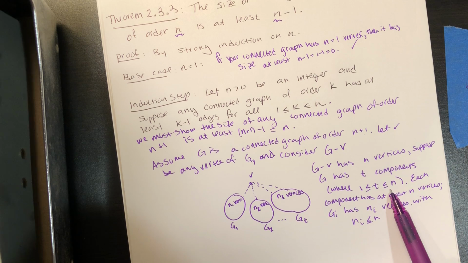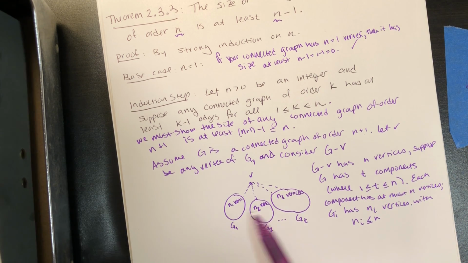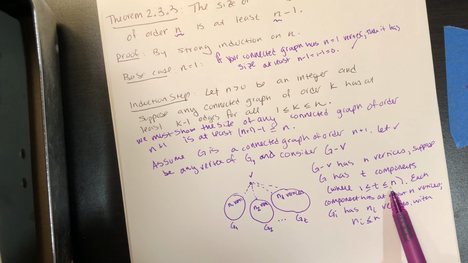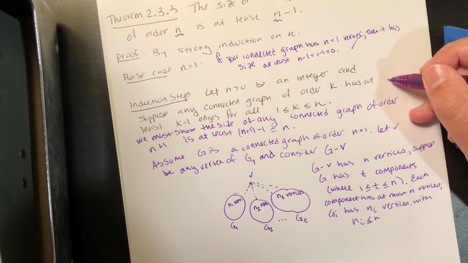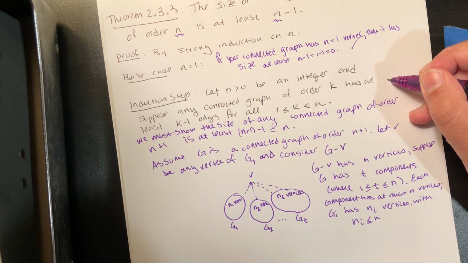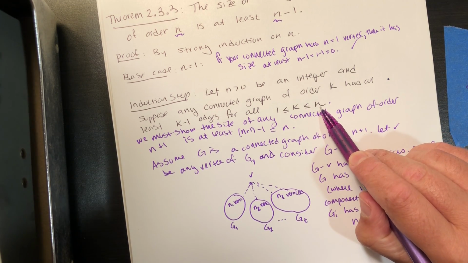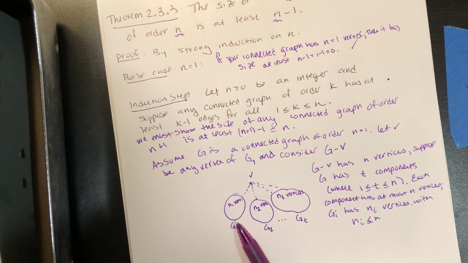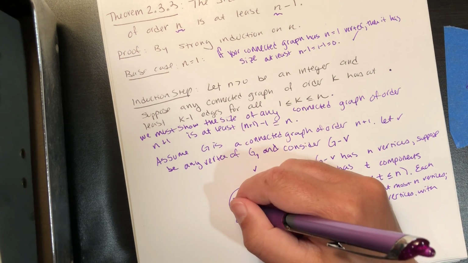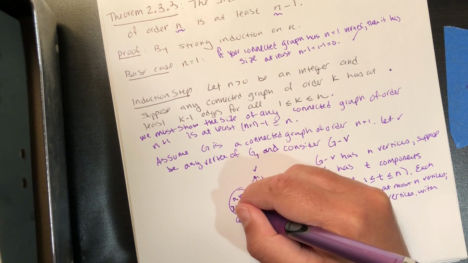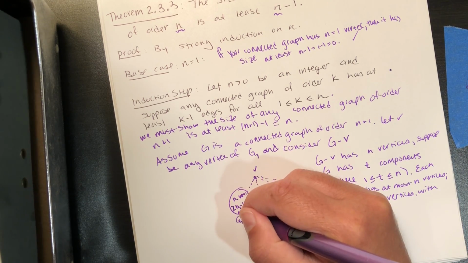If we know that this is a graph, okay, it's a component, so it's a connected graph with order less than or equal to n, well, that means that our strong induction hypothesis applies, right? Because our order is going to be less than or equal to n, which means I know that this connected component has at least, so I'll say greater than or equal to, n1 minus 1 edges.